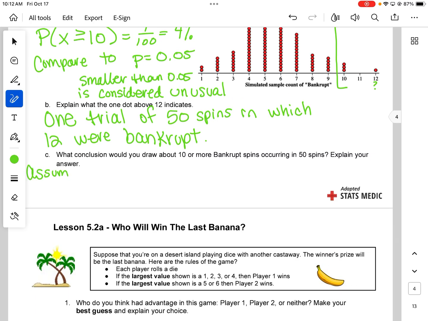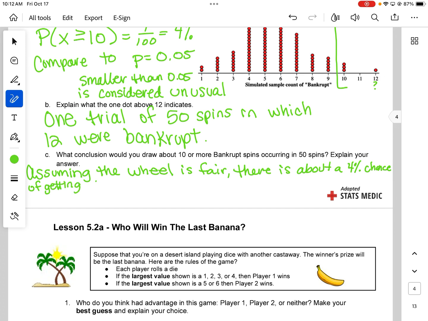So assuming the wheel is fair, there is about a 4% chance of getting 10 or more bankrupts out of 50 spins.